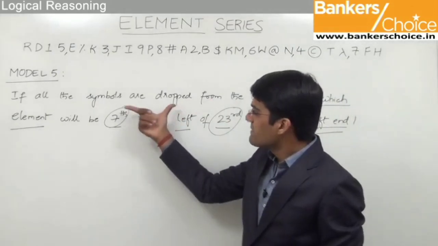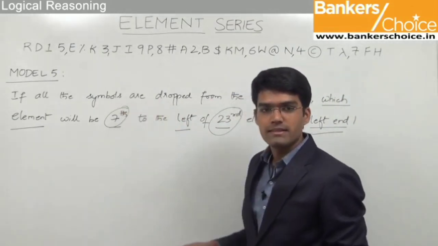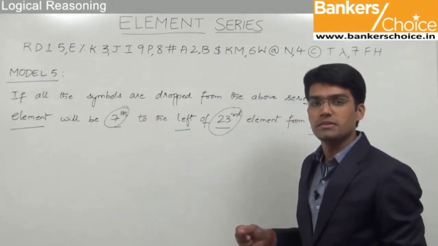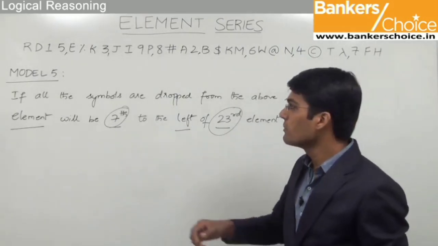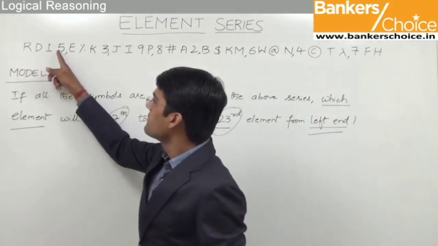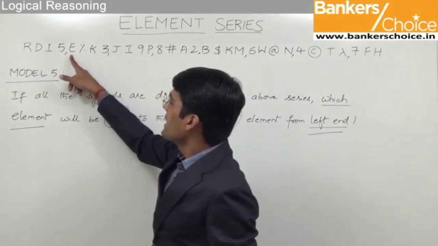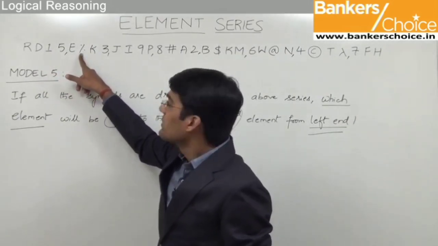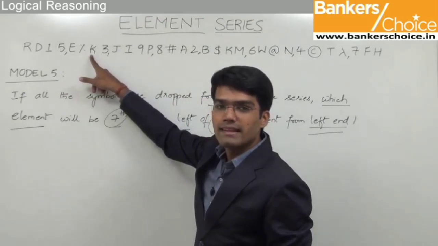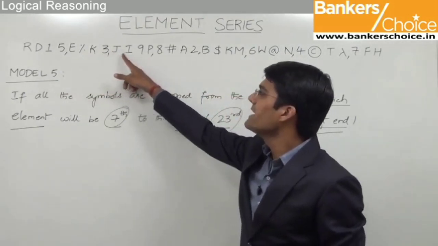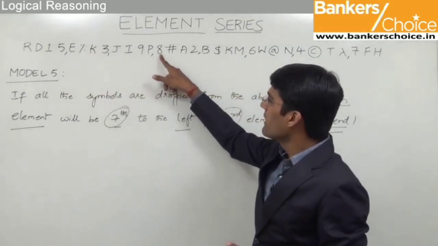But as the symbols have been dropped in the given series, we need to count the 16th position from the left end without considering the symbols. So the answer would be 1, 2, 3, 4, 5. We cannot consider the symbol here. So this is 5, and the next element would be K, that is 6, 7, 8, 9, 10, 11, 12.